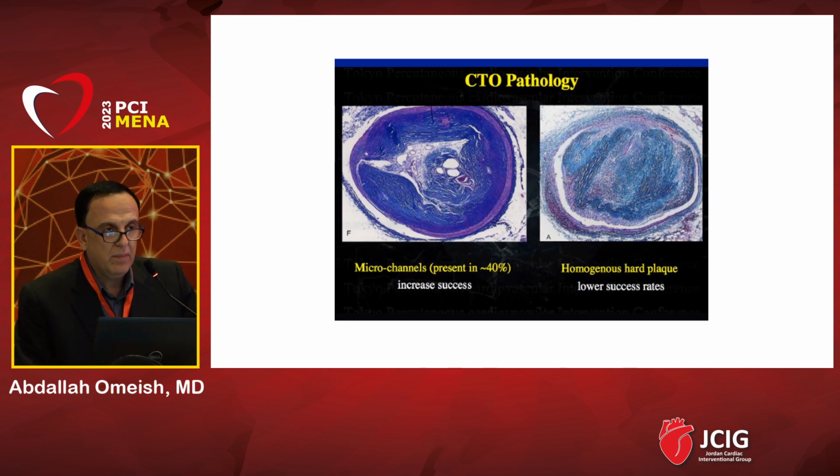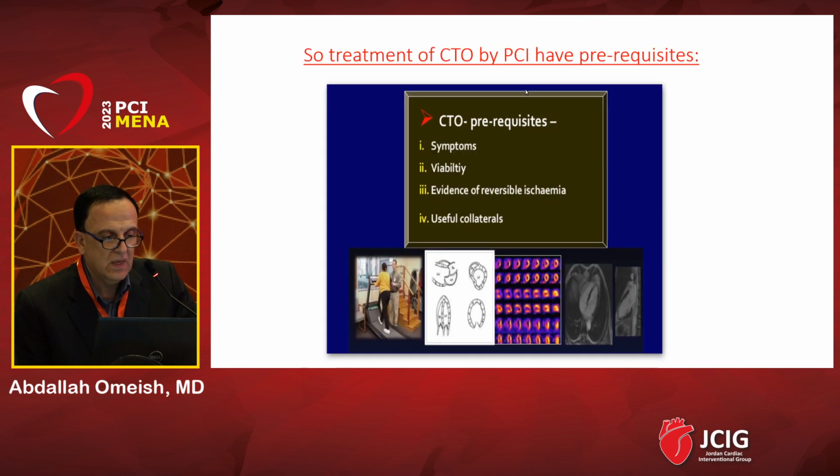When we talk about the pathology of CTO, we can find microchannels in around 40% of patients, and of course this would increase the success rate of recanalization, and we'll find homogeneous hard plaques in the rest, which is associated with lower success rates.